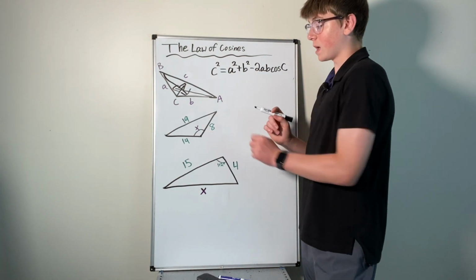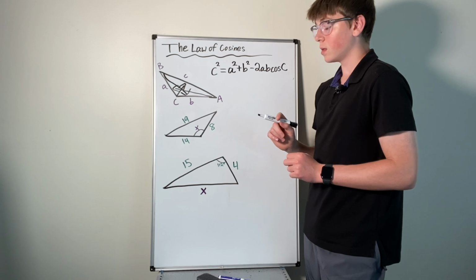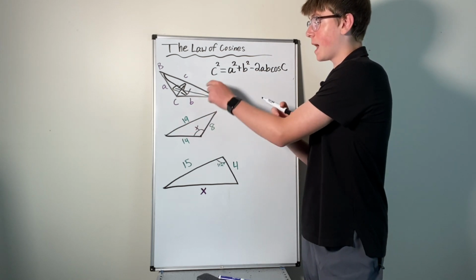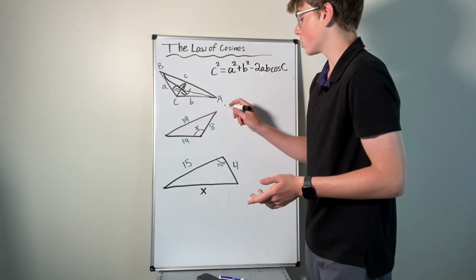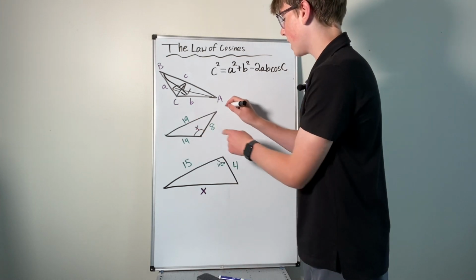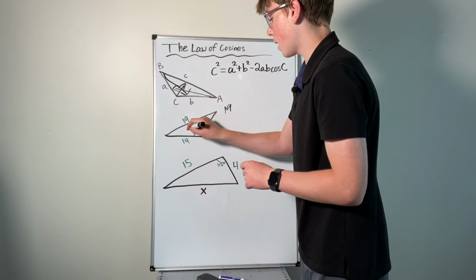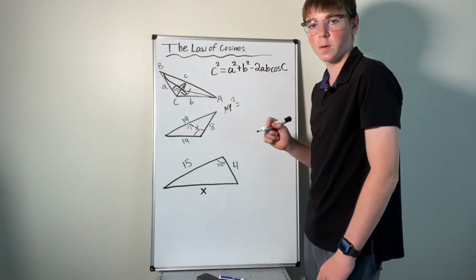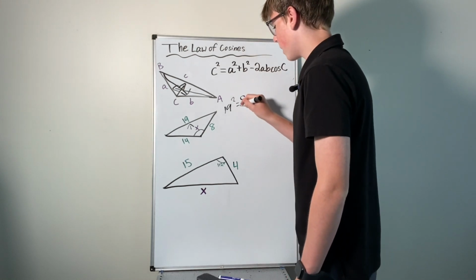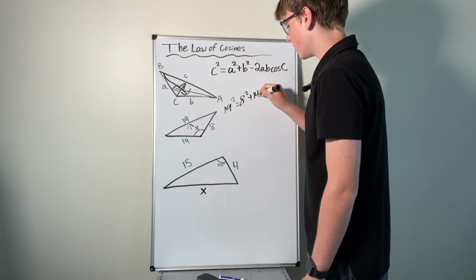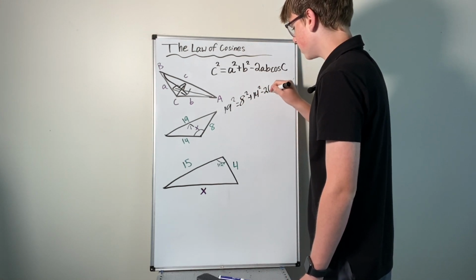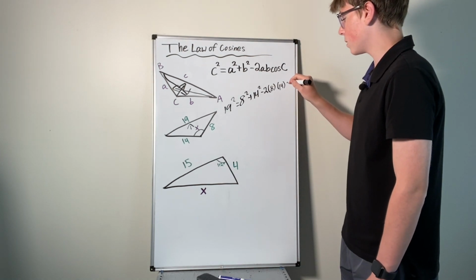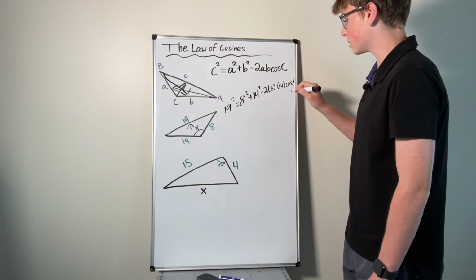We are looking for angle x, meaning we are going to use the side directly opposite of that as our c squared term. So we're going to say 19 squared, because it's directly opposite from the x, equals 8 and 14, which can be interchanged. So 8 squared plus 14 squared minus 2 times 8 times 14 cosine x.